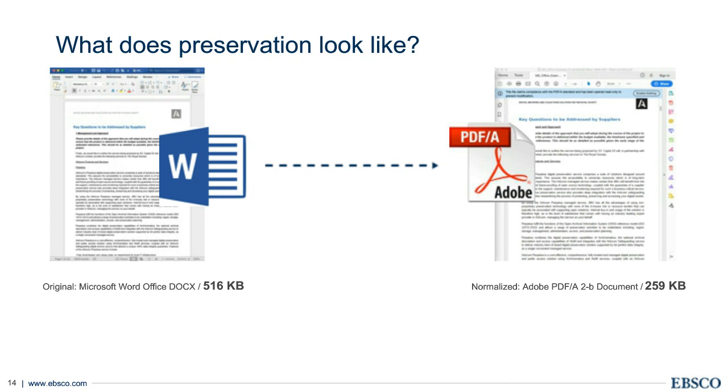So what we want to help libraries do is get access to all of their digital files and transform them into a preservable format. You can see here in this example, we've taken this Microsoft Word document and converted it to an archivable PDF version. This is using an open standard that addresses the best way to preserve a document. What is the best way to preserve an image?